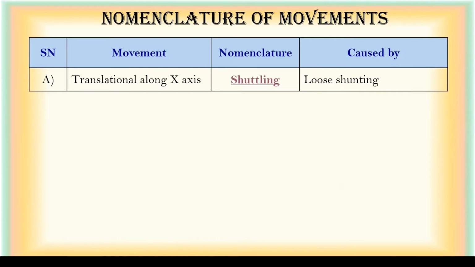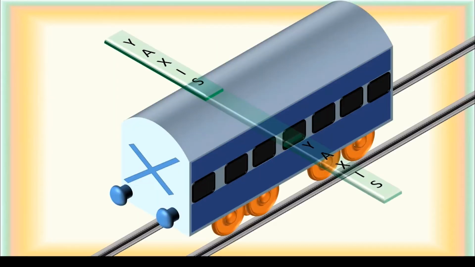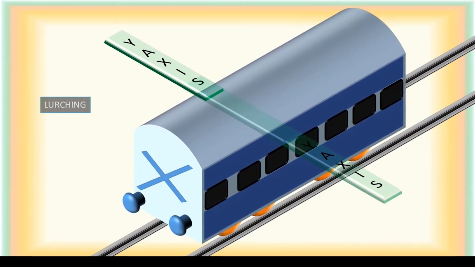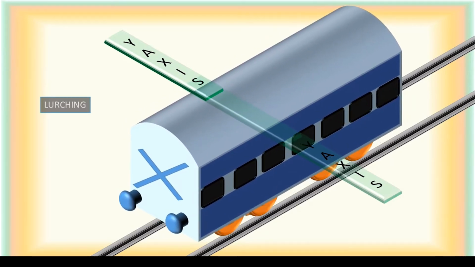Okay? Then second, you can see lurching. This happens perpendicular to the longitudinal axis, along y-axis. Ajay Kumar, good morning, sir. Yes, sir. Why should this movement happen? We are not giving any input in the longitudinal lateral direction. Why should this movement happen? Due to cross level, sir.